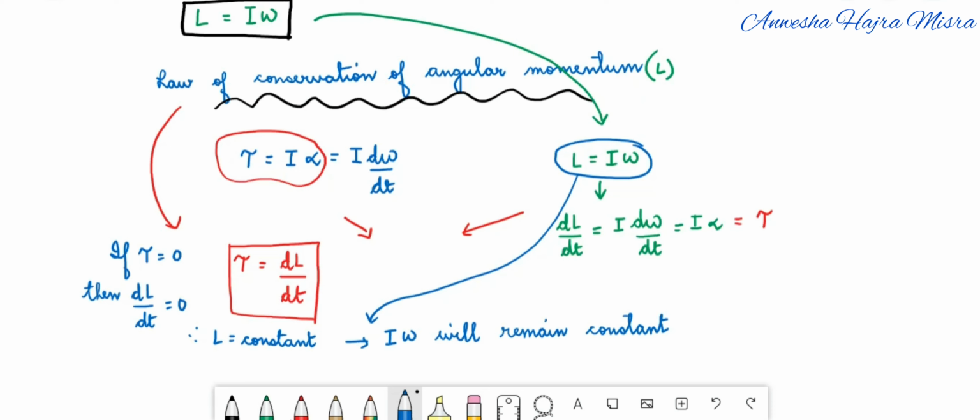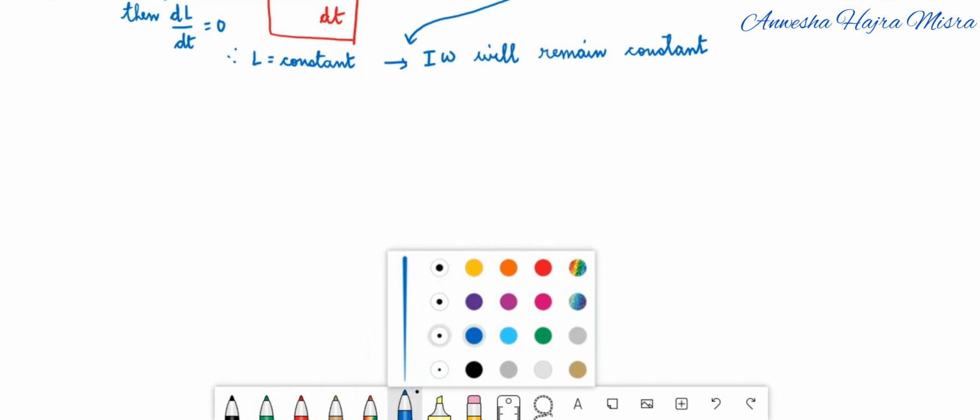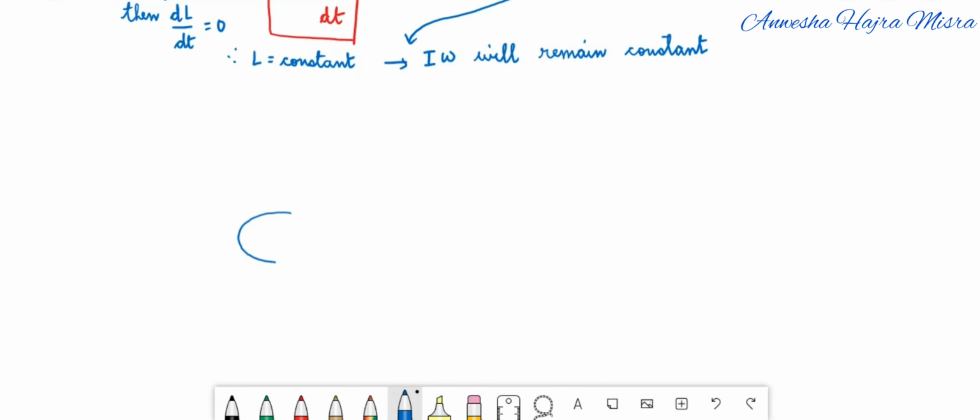Now let us take an application of this. Say, we have a man standing on a table which is rotating. You have a man over here.